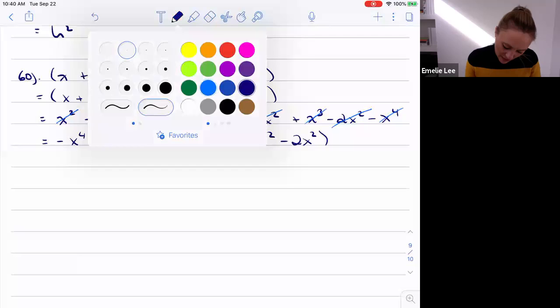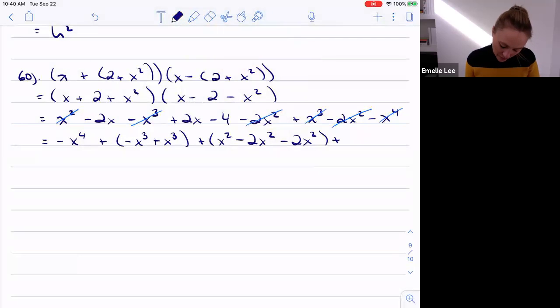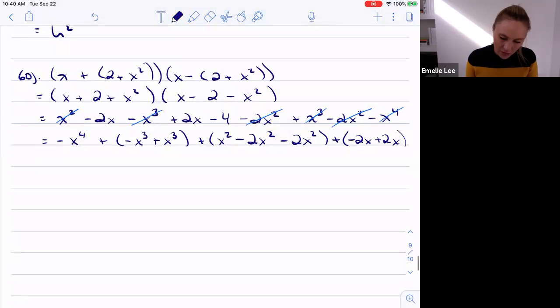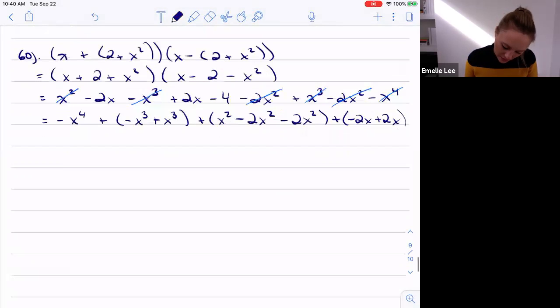Moving on to my next power, which is the x's. So then I've got plus negative 2x plus 2x. And again, same scenario. You could just cancel those out. But I just want to show that they're still there for now. Negative 2x plus 2x. And then I just want to scan here. I've only got the minus 4.